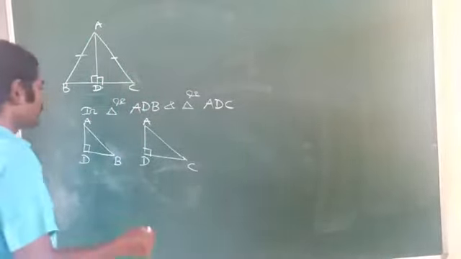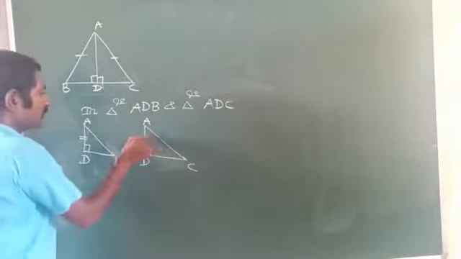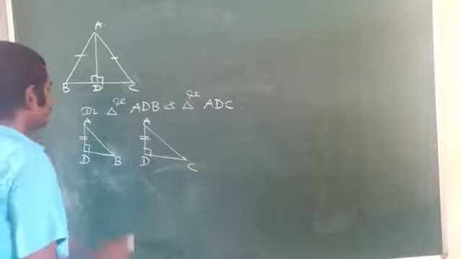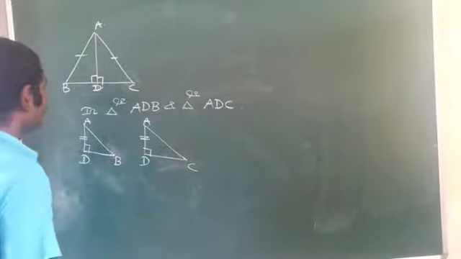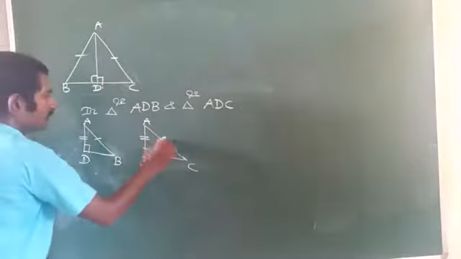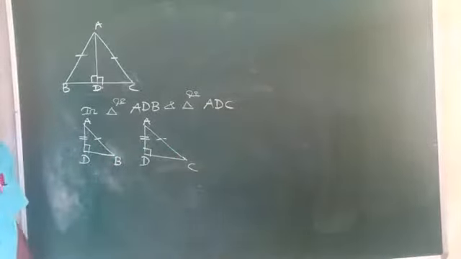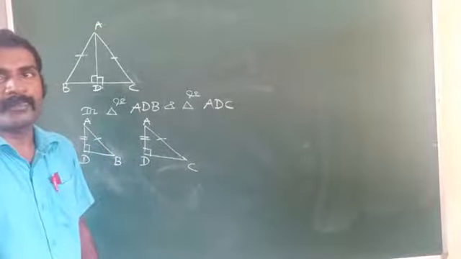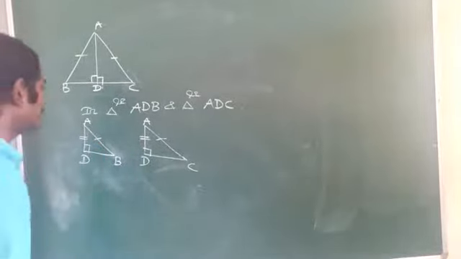Then after that, AD is common, AD common. Here also AD is common. Then AB equal to AC is given. Now we found three pairs of equal parts. What are they?